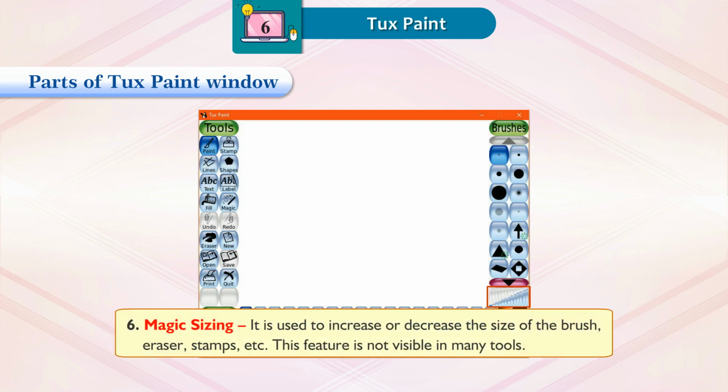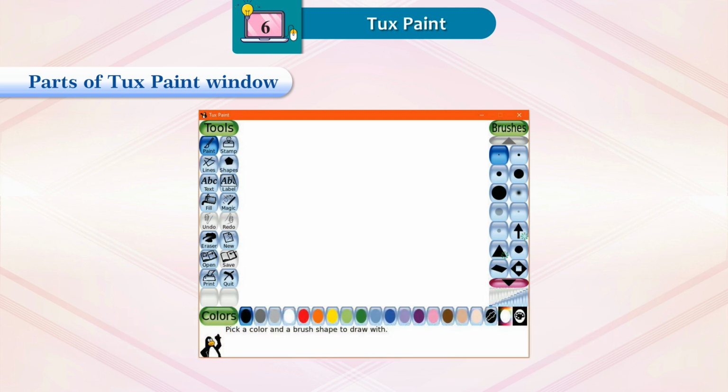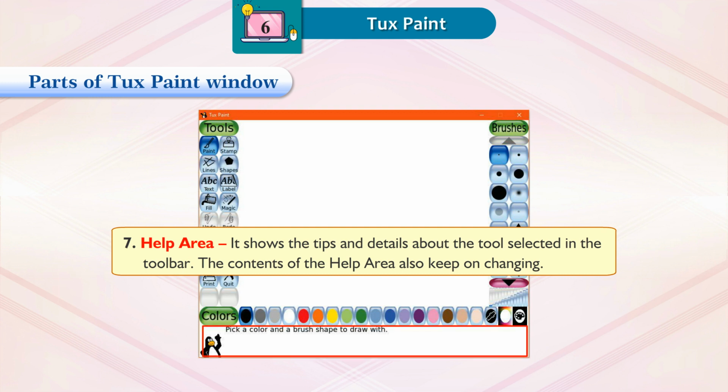Magic sizing. It is used to increase or decrease the size of the brush, eraser, stamps, etc. This feature is not visible in many tools. 7. Help area. It shows the tips and details about the tools selected in the toolbar. The contents of the help area also keep on changing.